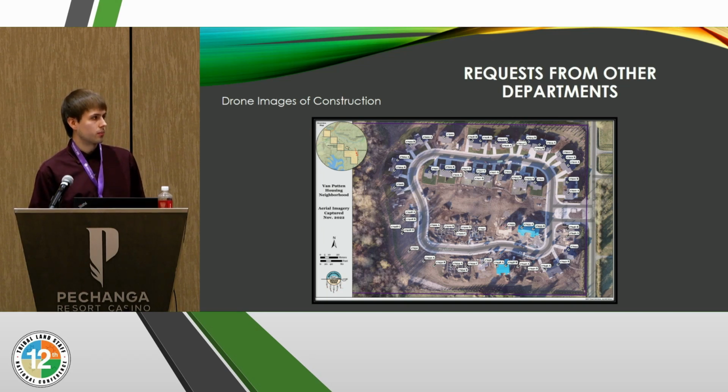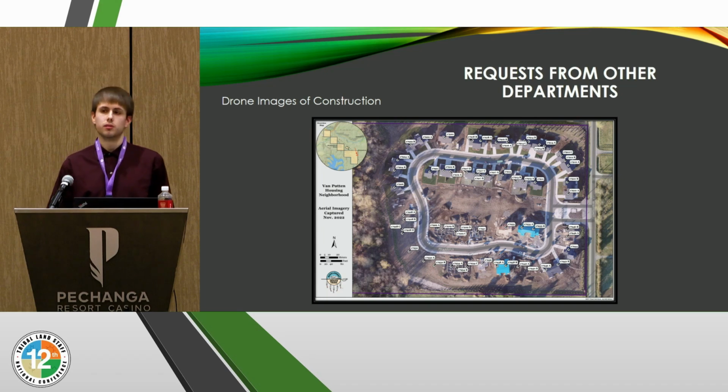This was last November. And by the way, this housing development is for sober living, so for transitioning, recovering addicts and tribal members who are going to move into an alcohol-free environment.